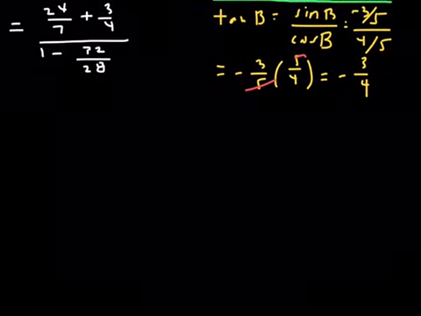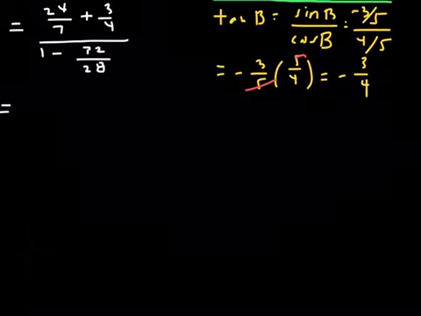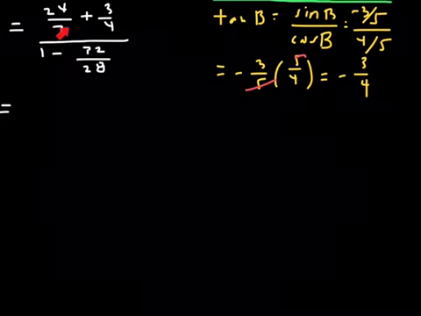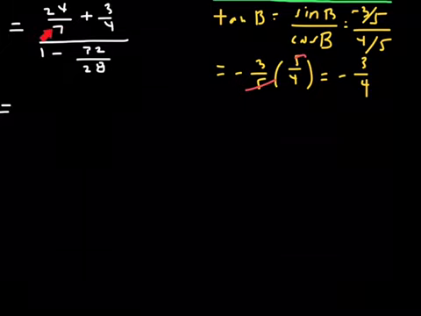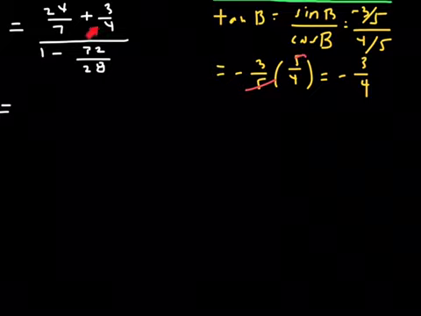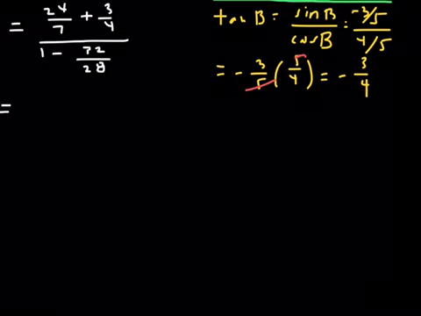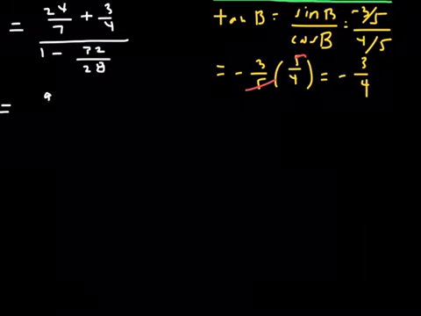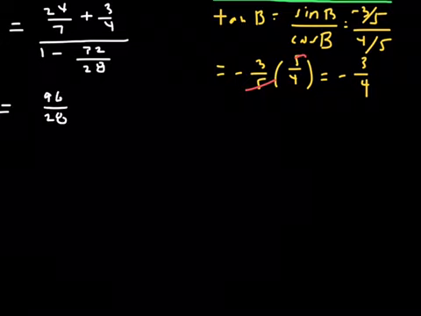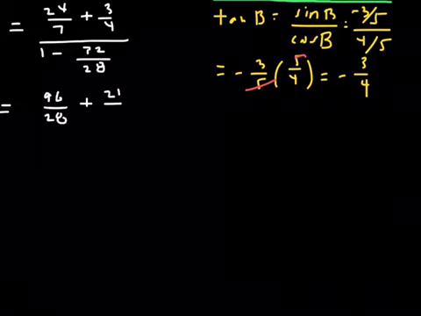All right, so then this is equal to, getting common denominators here, I'm going to have to multiply the denominator here by 4, and the numerator, of course, by 4 as well, in order to get a common denominator of 28. For this guy, I'm going to have to multiply the numerator and denominator by 7 in order to get a common denominator of 28. All right, so this will end up giving me 96 over 28 plus 21 over 28.